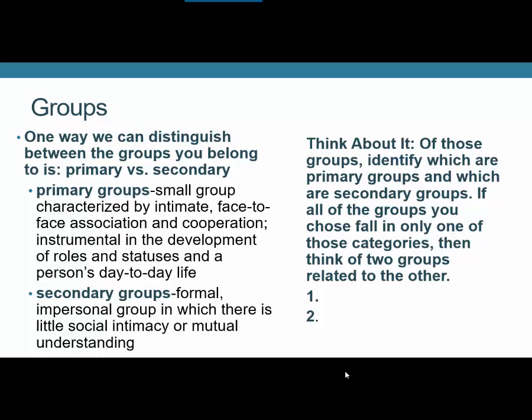It might include groups and organizations that you're part of, depending on how intimate those groups are, right? So if you have a bowling league team and you're all super close and care about one another and really know one another, then it might meet the classification of being a primary group.